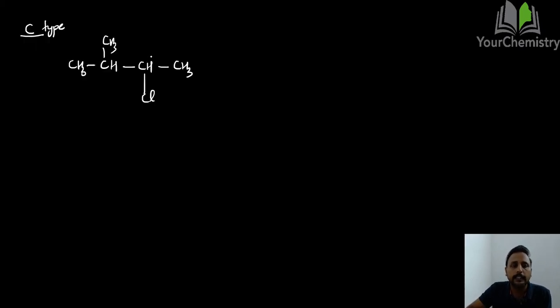Now you can see that this particular compound contains one chiral carbon. That means it is optically active. It is going to exist as enantiomers. That means the compound has 2 forms. One will rotate the light clockwise and the other will rotate the light anti-clockwise. Is this point clear? So the next numbers will be 4, 5 because this compound exists in 2 forms. I think it is clear.